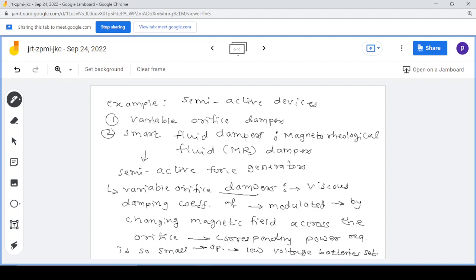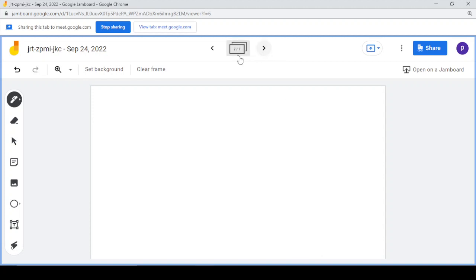Okay, so thus we can say that semi-active control devices on one hand offer all the advantages of the passive devices. What do the passive devices provide? Passive devices provide robustness, reliability, and cost effectiveness.